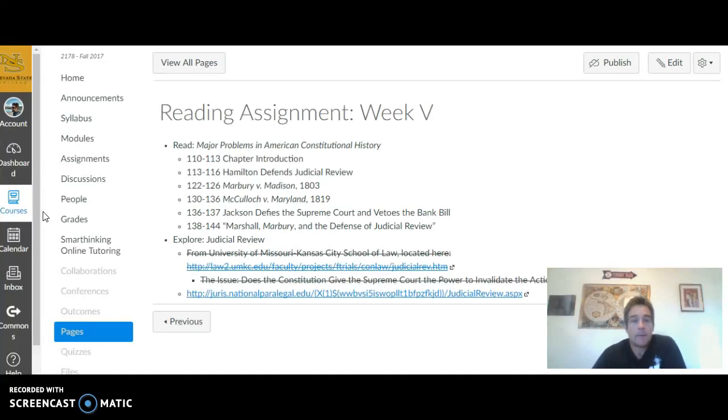You'll read an academic article, an essay defending judicial review, and also looking at Marshall's motives in writing Marbury the way he did. I think that's the most important part of this article, is to see how well his argument works.